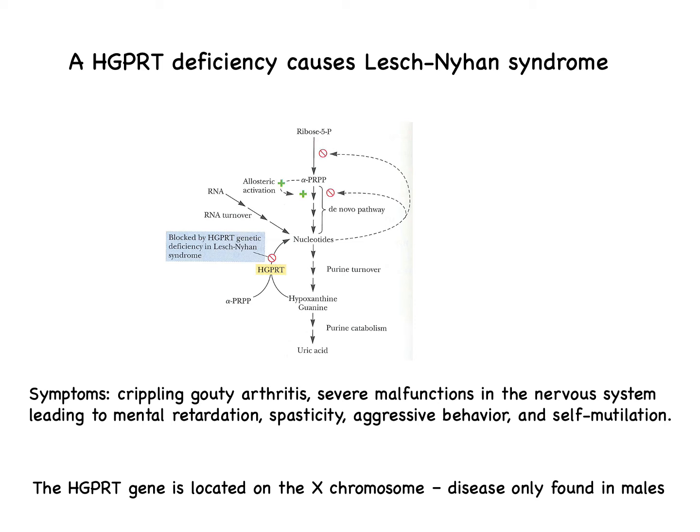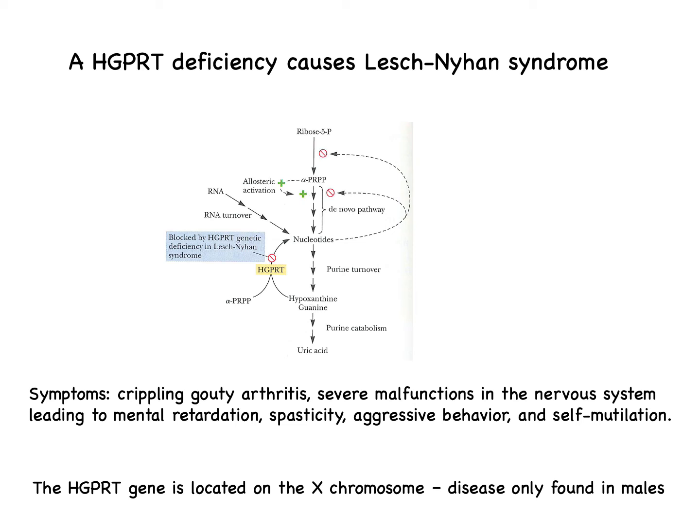But it also has severe malfunctions of the nervous system, leading to mental retardation, spasticity, sometimes aggressive behavior and self-mutilation. And the self-mutilation really comes from the fact that these people can't stop eating, and if you take the food away from them, they just start chewing on their lips.